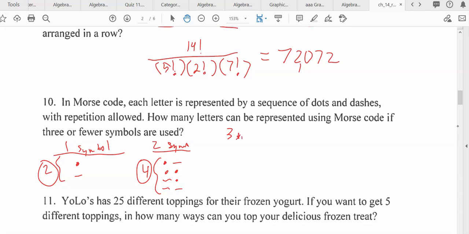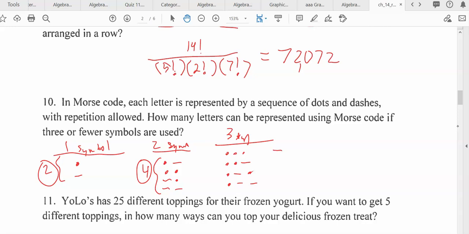3 symbol ones. So that could be dot dot dot, dot dot dash, dot dash dot, dot dash dash. I think I've got all the ones that start with dot there.